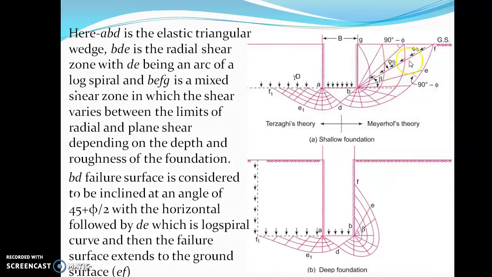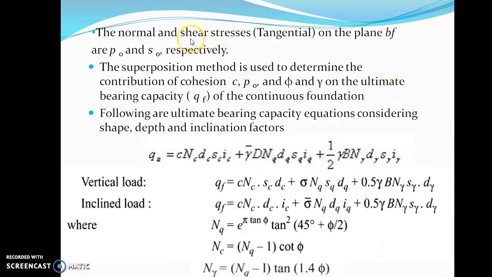Now if you look here, you have this P naught and S naught. The direction of P naught is normal to BF, and the direction of S naught is along BF. So what are these P naught and S naught? P naught is the normal stress, and S naught is the tangential stress.